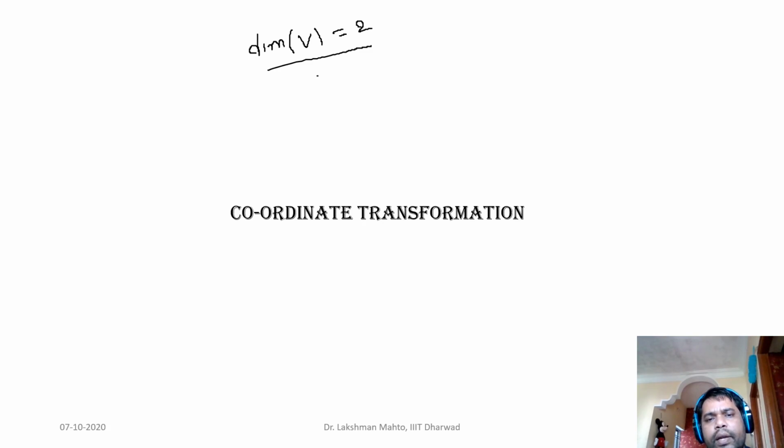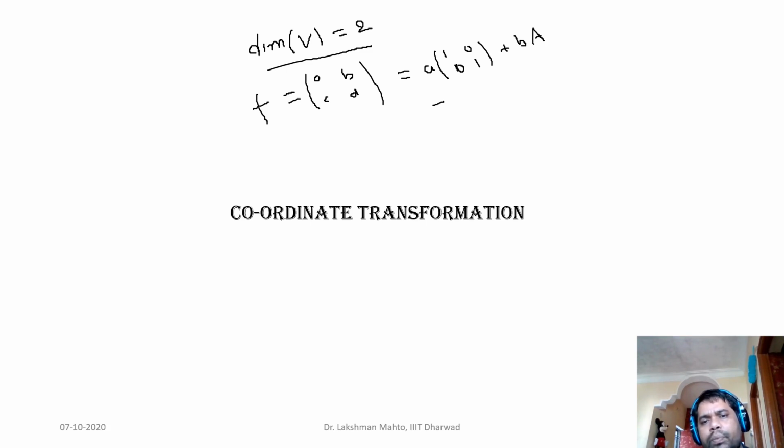If you take any element from V, call this element F, a matrix with entries a, b, c, d, you are able to write this matrix as a linear combination: a times the identity matrix plus b times A. So if I ask what is the coordinate of F with respect to this basis, it is a times I plus b times A. The coordinate of F is just a two-dimensional column vector.